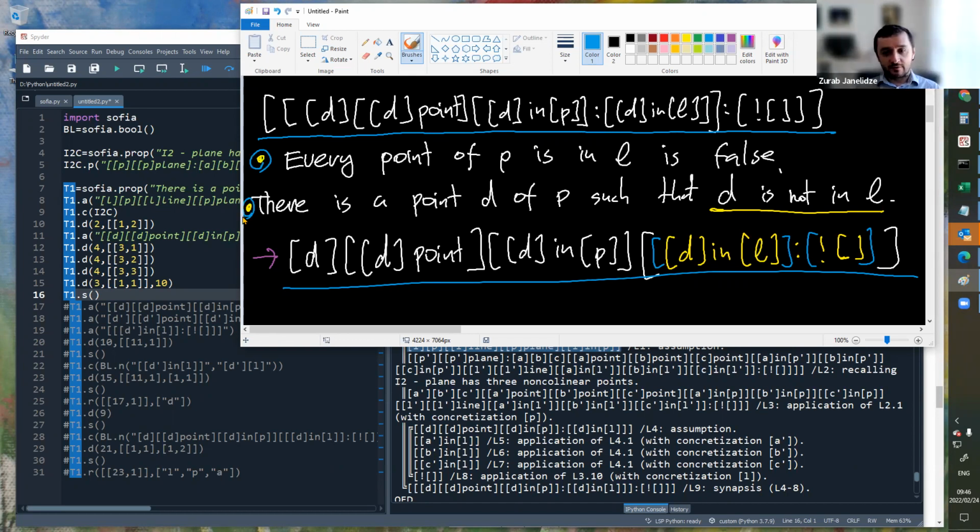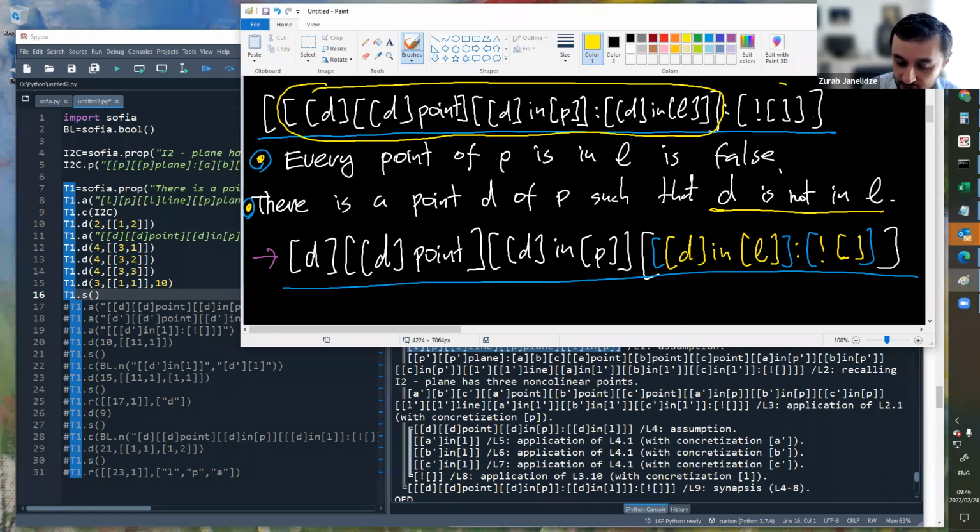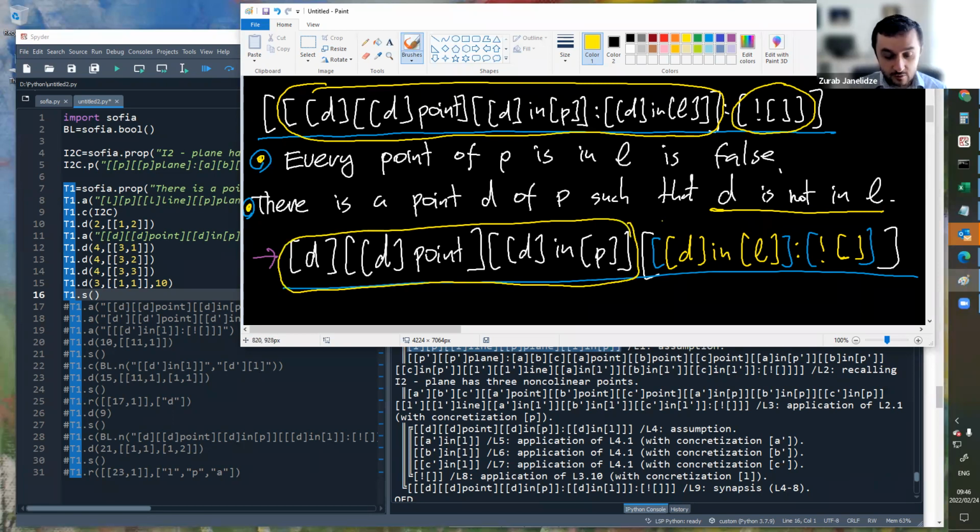But there is also another difference, namely that the Sophia formulas are different, right? They have some similarities, but if you look at the syntax, we have this whole thing grouped together here, that implying false, whereas right here, we have this whole thing grouped together. It's almost like switching brackets, right?